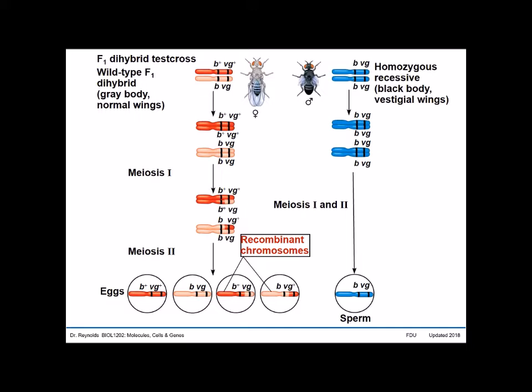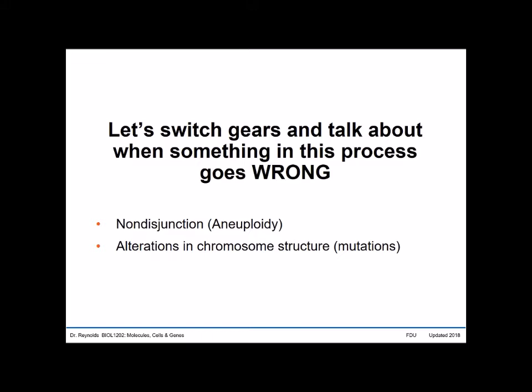If that happens, we get new recombinant chromosomes that explain these new non-parental phenotypes that are inherited in some of these individuals. But since crossover has to occur between these genes, it significantly reduces the likelihood of creating these new non-parental phenotypes. Now let's switch gears and talk about when something goes wrong in this process.